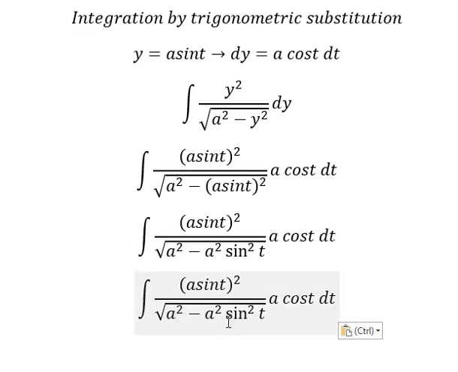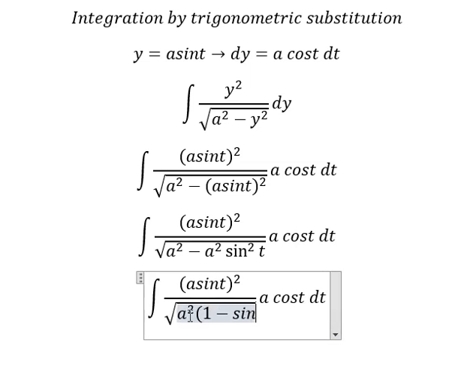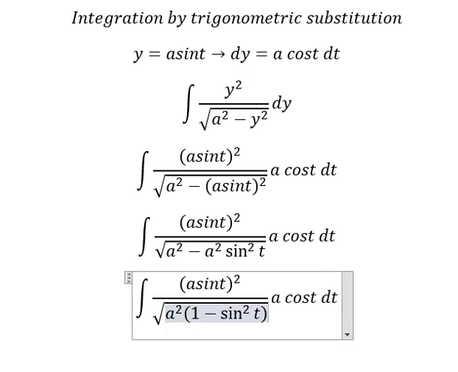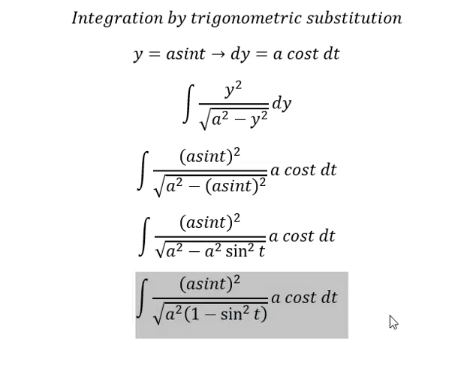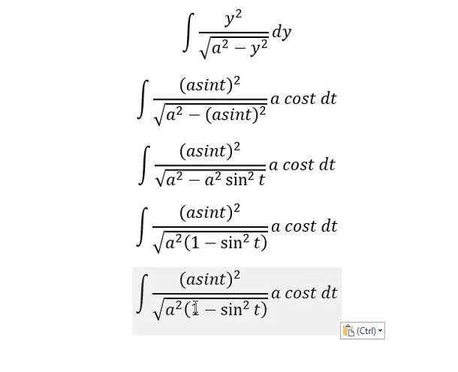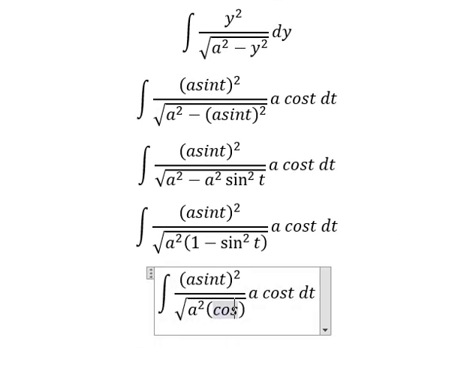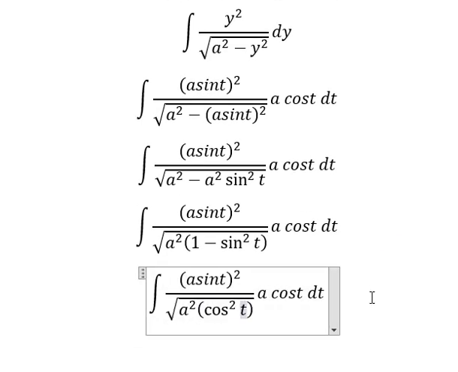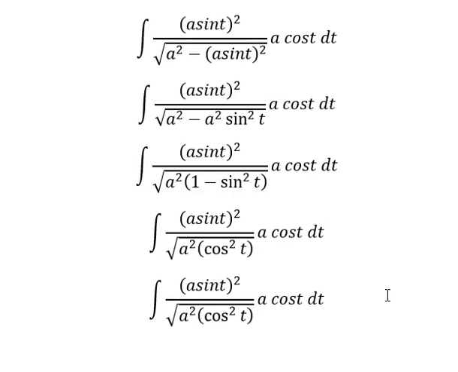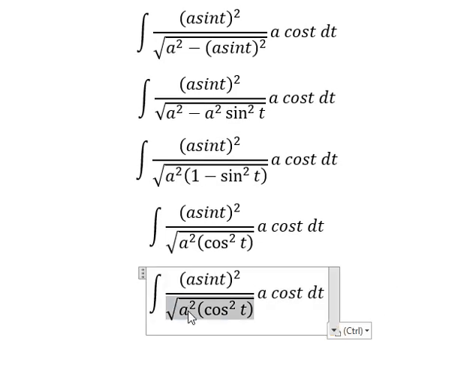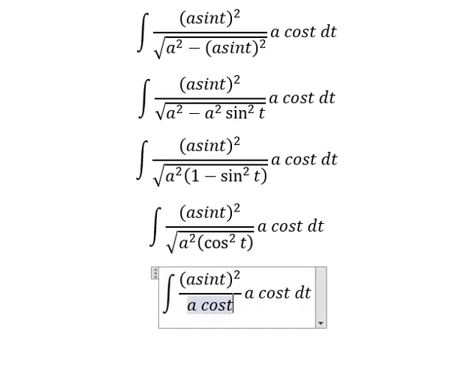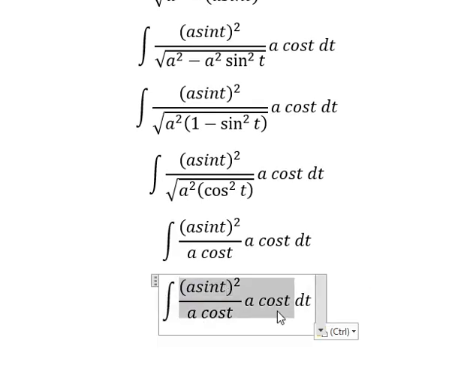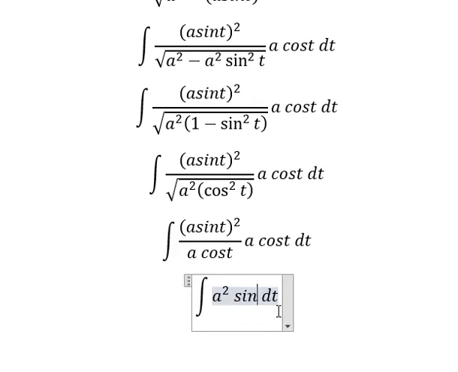So a square we can do factorization. 1 minus sine t square we change by cosine t square. The square root of this one we have a cosine t. And now we simplify. And we have like this.